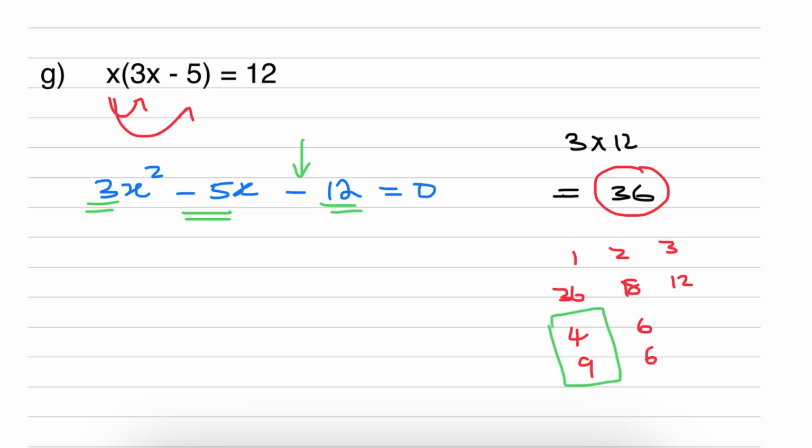Okay, if we have a look at 4 and 9, these factors, first of all, they multiply to 36, but also they subtract to give us -5, right? Positive 4 minus 9 is equal to negative 5. So we're going to break up the negative 5x as negative 9x plus 4x.